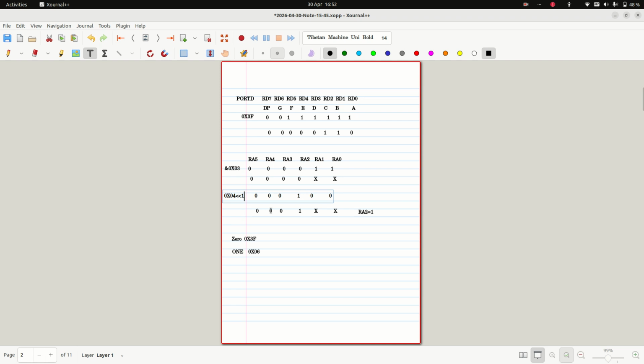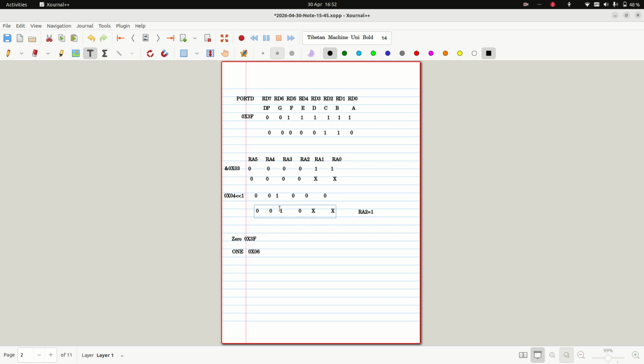You will get 0, 0, then 1, then 1. Why? Because here you need to shift, right? So here it is 1 and this is 0 and this is 0. So you can see all are 0 except RA3, right? RA3 equals 1.